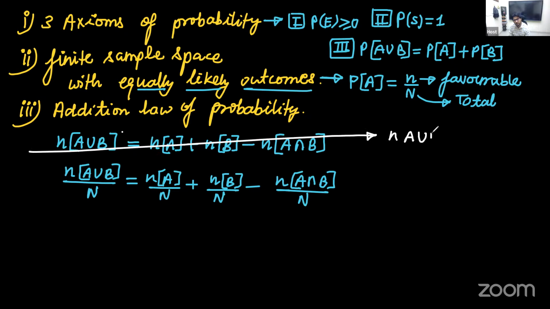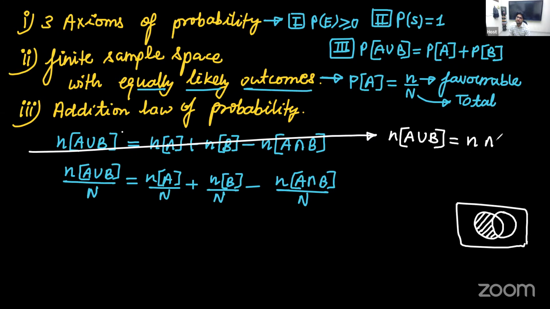A union B is what? A union B is the sum of A minus B and B itself. But what is A minus B?